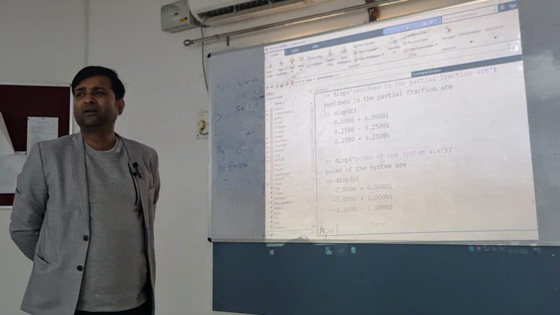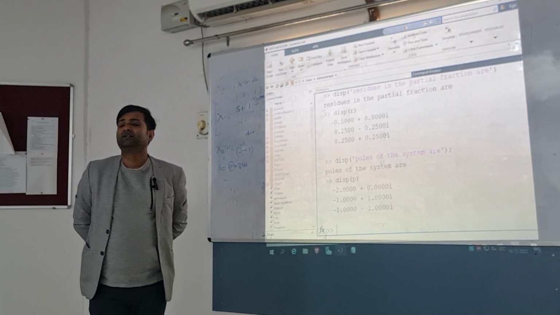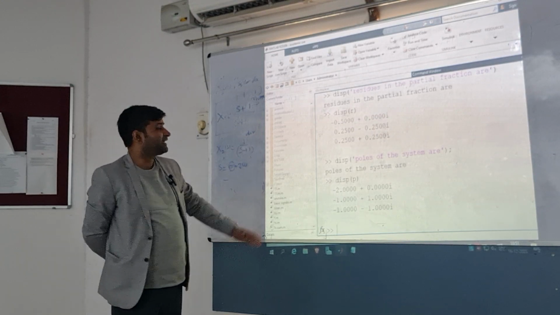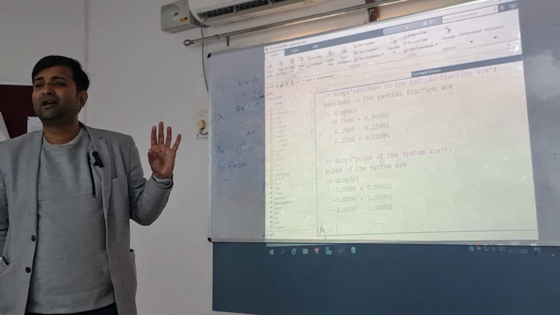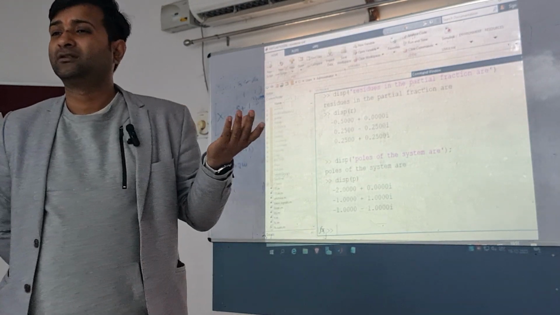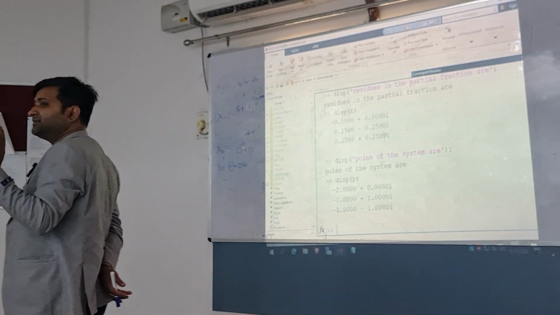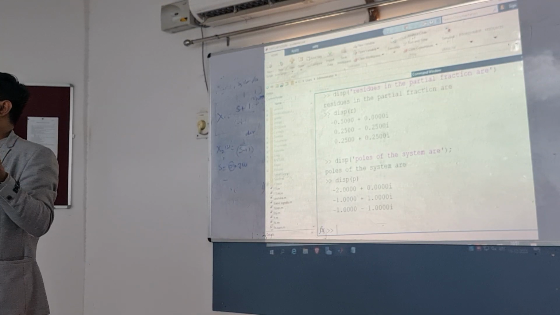Then similarly you have used the MATLAB code to find out the inverse Laplace transform of the given function. These are the steps, basic steps. Simply 3 or 4 line codes. The basic code is 4 or 5 lines, and all basic declaration you have.